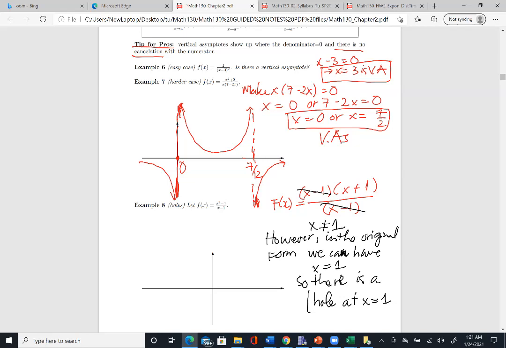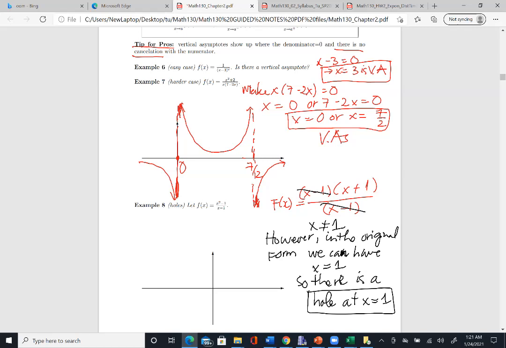So whenever you see a common factor between top and bottom, make that factor equal to 0, then solve it, and that is going to be the x value of the hole.